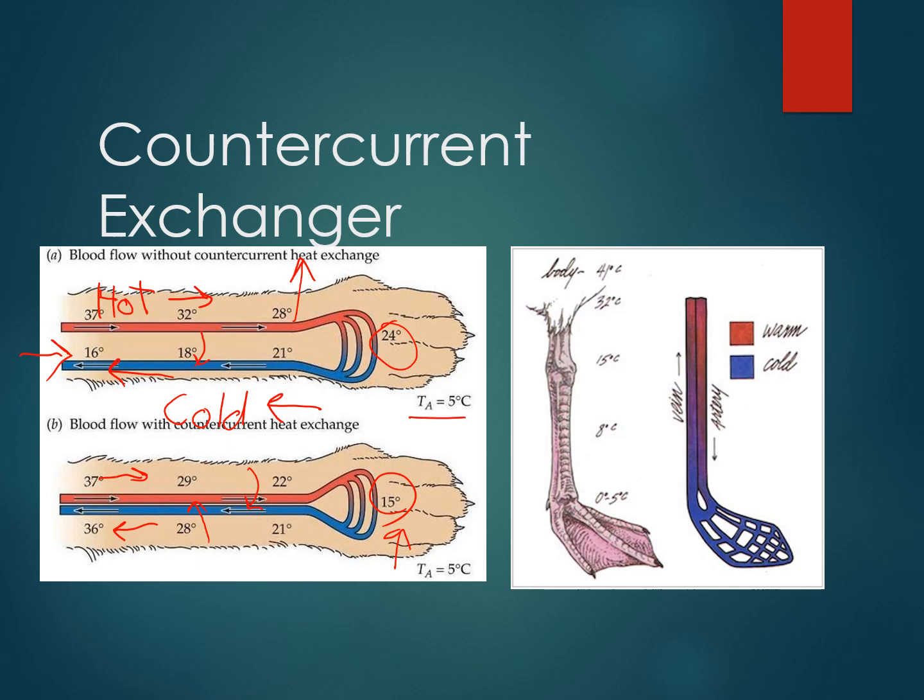We see the same thing in birds as well, where this is a little bit more extreme of a temperature difference. It could get down almost to freezing, but still, we can try and transfer the heat from the artery to the vein, just so when we get that return blood flow, we don't have to heat it up as much, and we don't lower the core temperature of the animal as much.